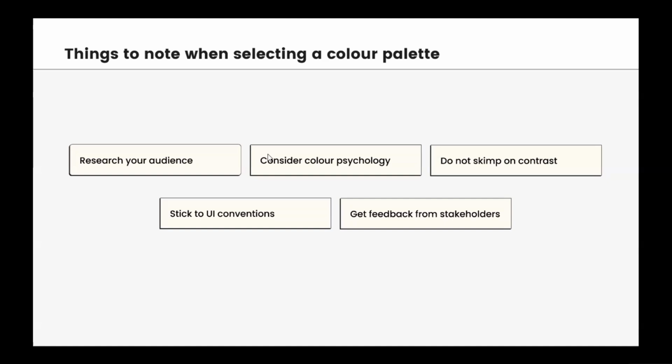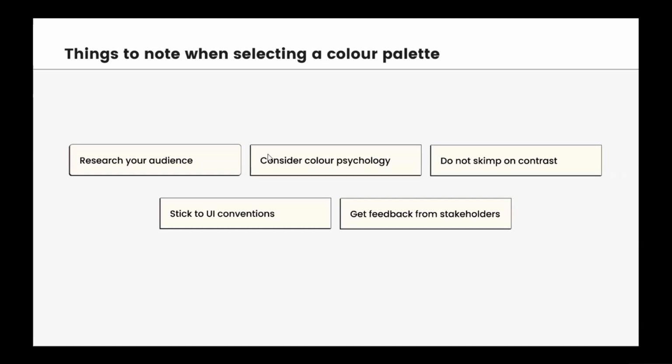You can also check cultural associations. For instance, red can symbolize luck in China, but caution in Western countries. So if you use red for China, they'll think they are lucky, while you're trying to inform them of a pending danger.